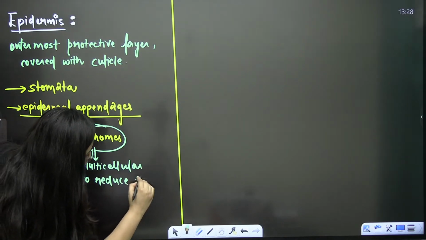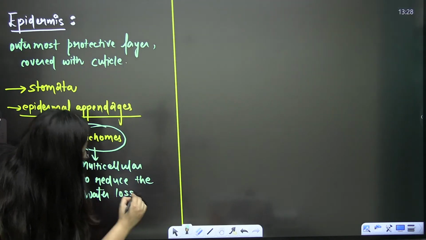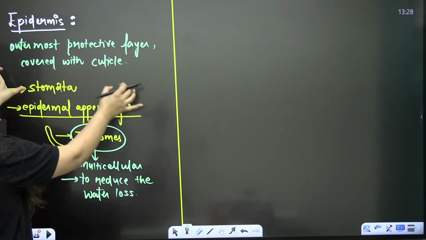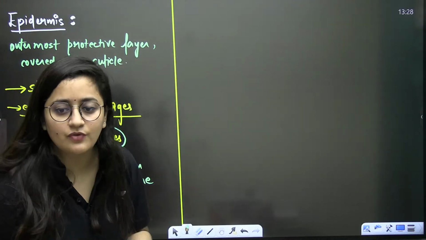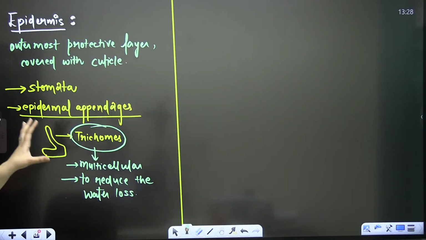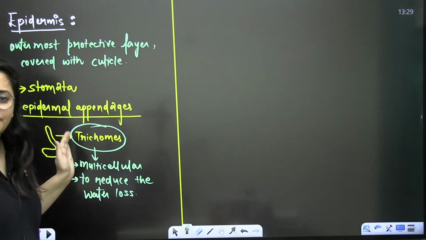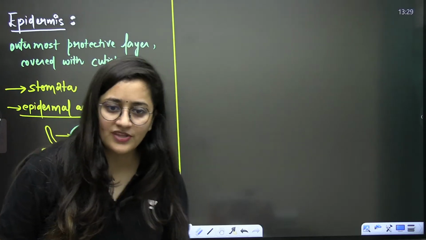And the cells, of course, are single layered and compactly arranged, with no intercellular spaces here. So stomata will be there, trichomes will be there, the cuticle is covering the epidermis, and trichomes will prevent the water loss. So this is about the epidermis.